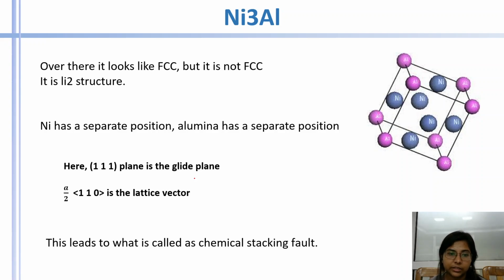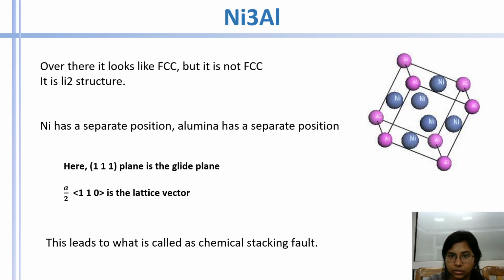Okay, so here in this system, this Ni3Al, it looks like FCC, but it is not FCC, it is the L12 structure. Here nickel has a separate position and aluminum has a separate position. What is the glide plane? The 111 is the glide plane and a/2 110 is the lattice vector.